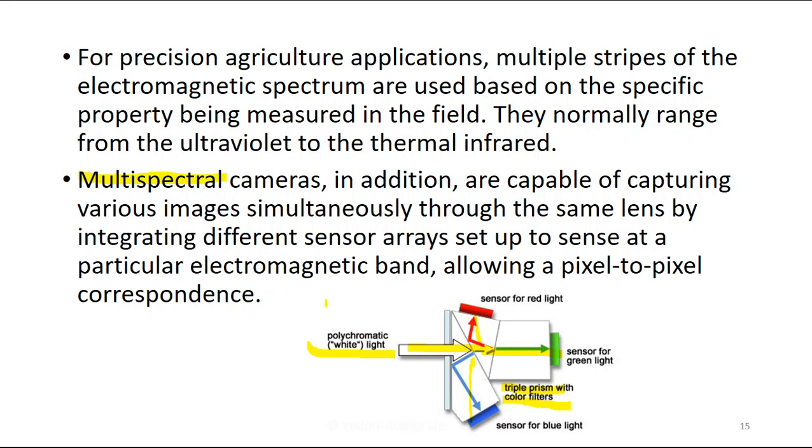These three spectra correspond to particular electromagnetic bands. Each band has a different energy, and this energy can correspond to different components or molecules in your crop or agricultural product.